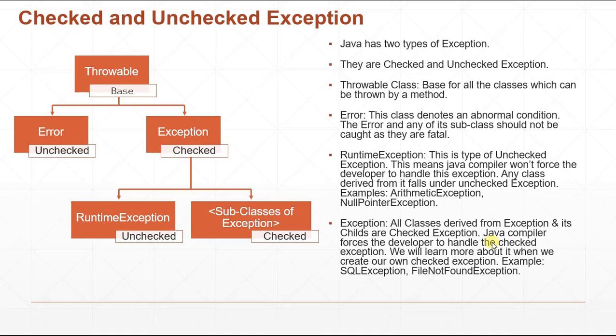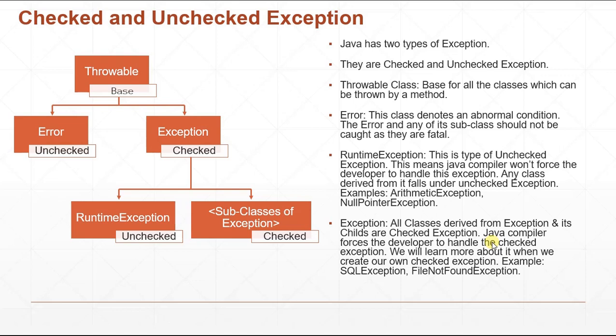In all our previous examples, we used unchecked exceptions. We used ArithmeticException, ArrayIndexOutOfBoundsException and StringIndexOutOfBoundsException. Of course, we haven't used NullPointerException. So all these exceptions fall under the unchecked exception category.